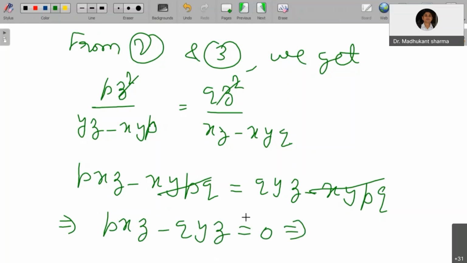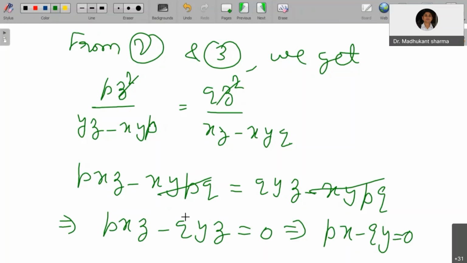So you can further simplify because z is non-zero, because you're not interested in the trivial solution. So again, this is px minus qy equals 0. Since z is non-zero, we are assuming that z is non-zero because you are not interested in a trivial one.